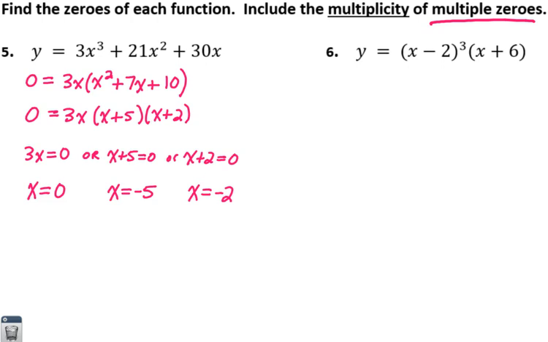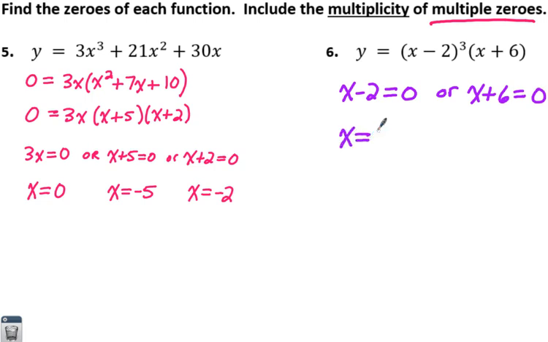And then we have a factor of x plus 6. We can set all of those factors equal to 0. It's going to be x minus 2 equals 0, or x plus 6 equals 0. Okay, it's very convenient. It's already in factored form.